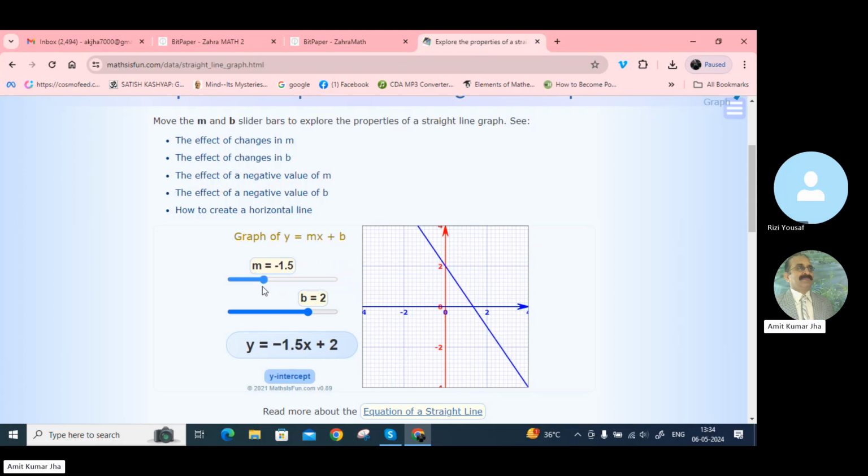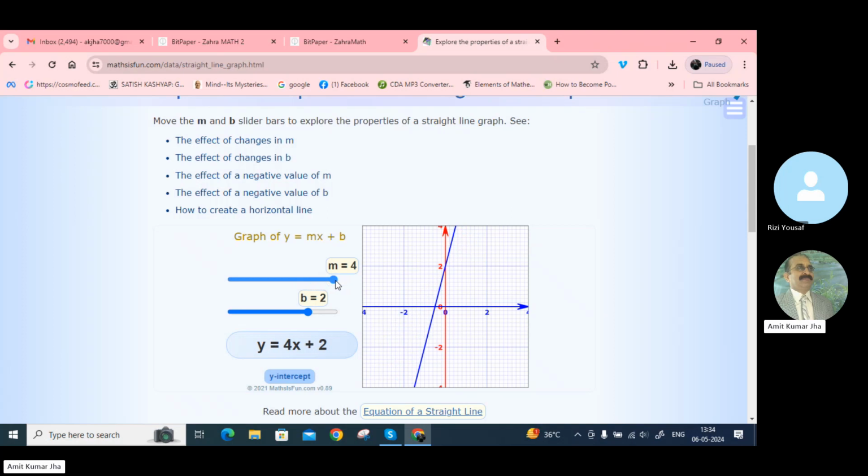I cannot draw 90 here, but you know very well that this blue line is making an angle less than 90 with this x-axis. If it is perfectly straight vertical, then it is 90.